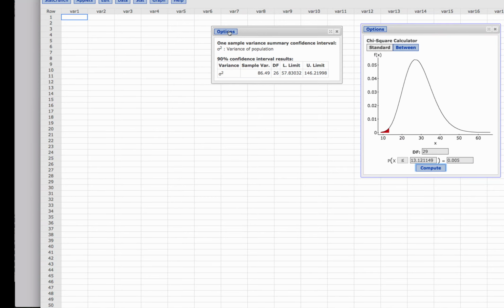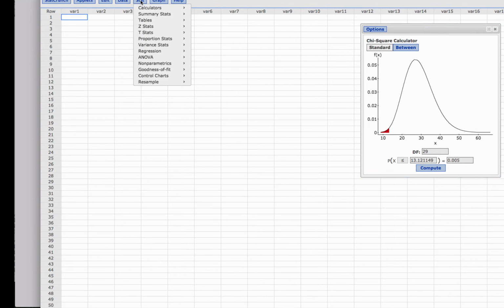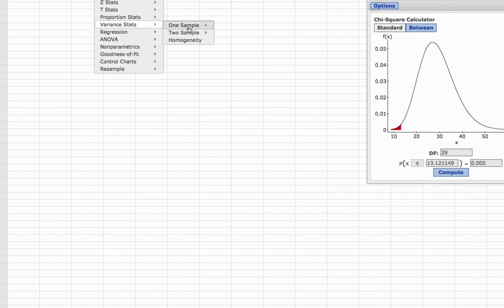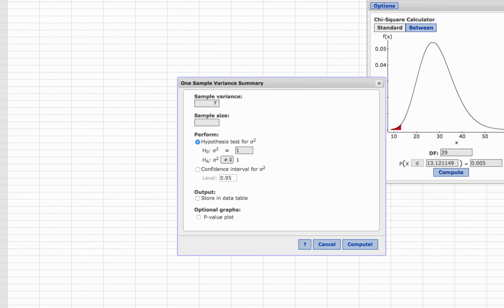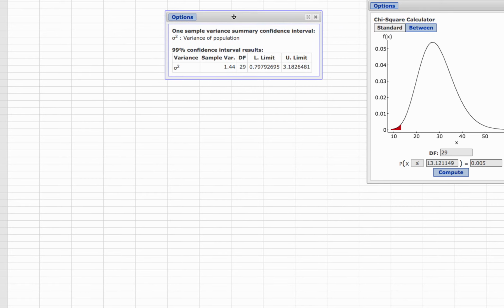Again, if I was starting from scratch, it's Stat, Variance Stats, One Sample with Summary. Sample variance, that was 1.44. Sample size was 30. And I wanted a 99% confidence level. Hit enter. There it is.